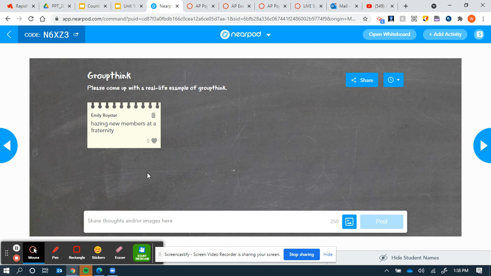All right, hazing is a great example of groupthink. And I can tell you that from personal experience, right? Generally, when there is hazing going on, you get group polarization. Hazing is an example. There's de-individuation. It's usually a larger group of people doing it. You get group polarization.